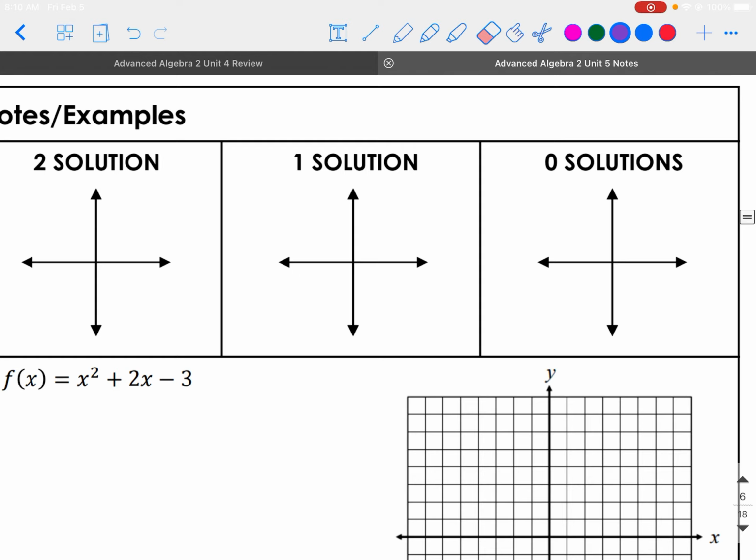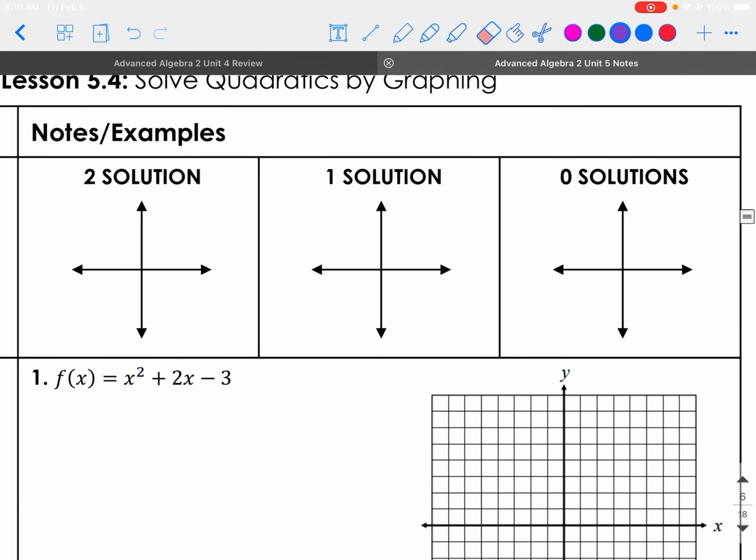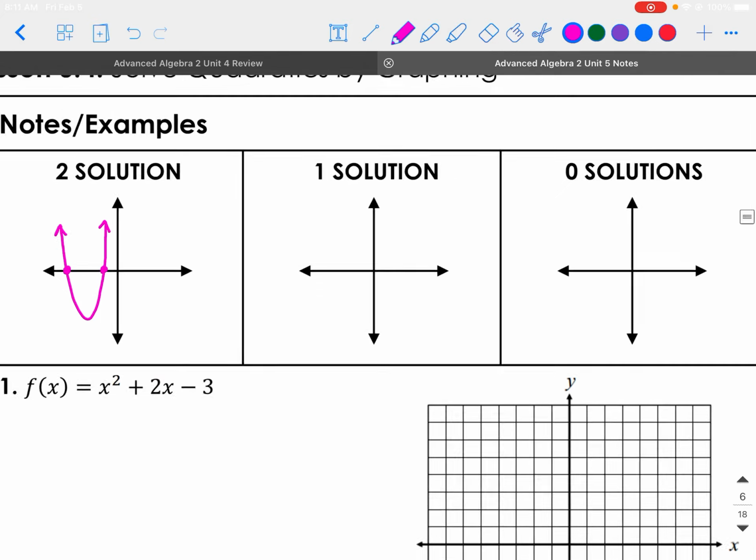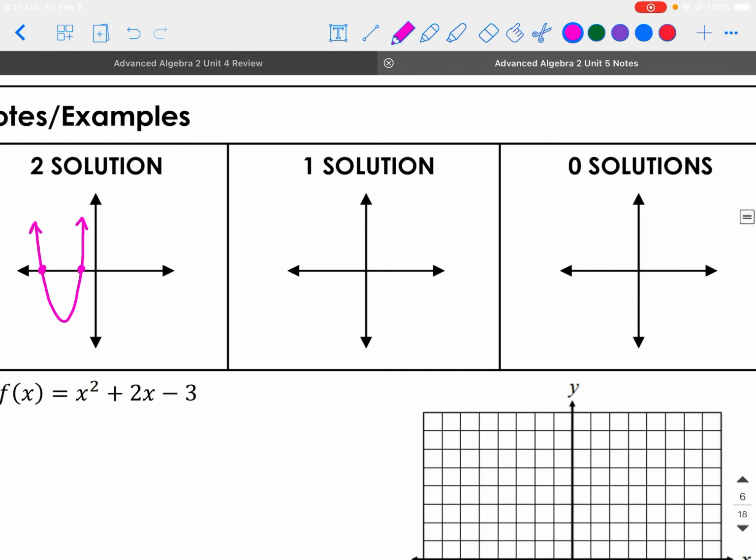Before we do that, let's look at what the graphs look like with their different numbers of solutions. A quadratic or a parabola that has two solutions crosses the x-axis in two places. So this would be an example of that. Of course, there's lots of different options, but that's just one example that you might see. Parabolas that have one solution basically sit on the x-axis.